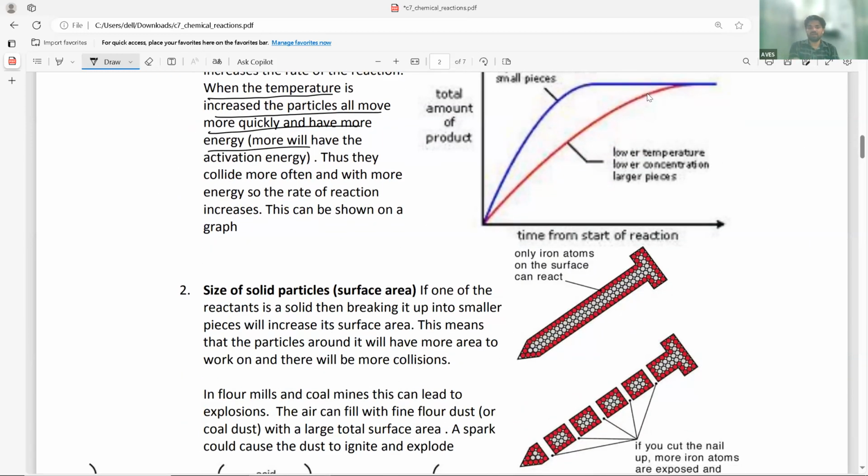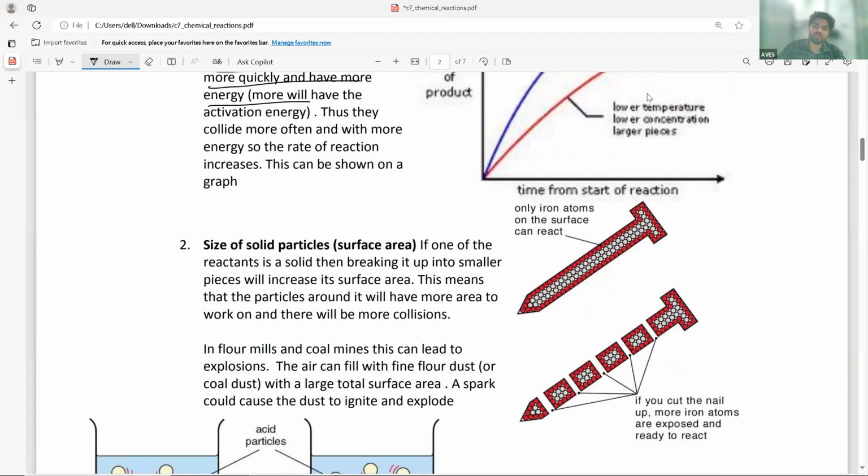Next is size of solid particles. For example, if the surface area is increased, like if you cut an iron nail into pieces, you see that this surface and this surface are new surfaces formed.